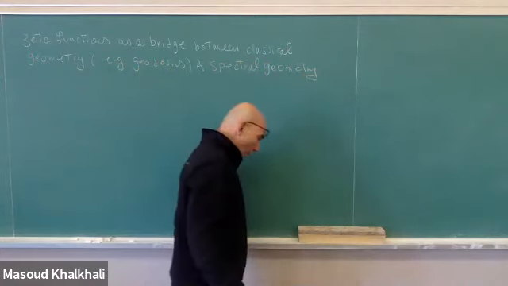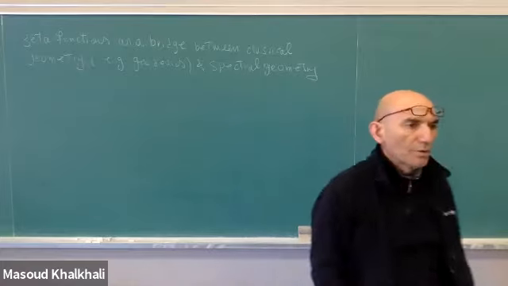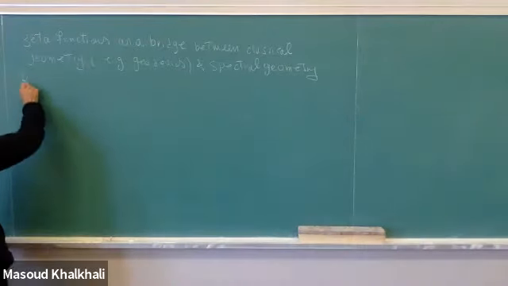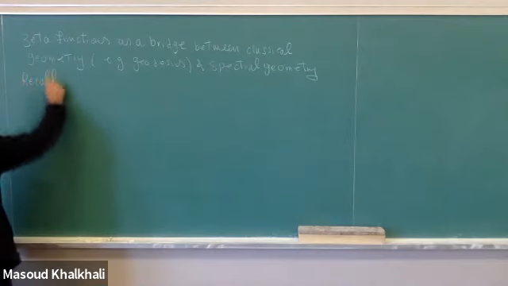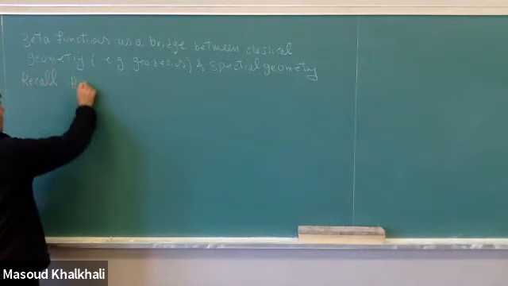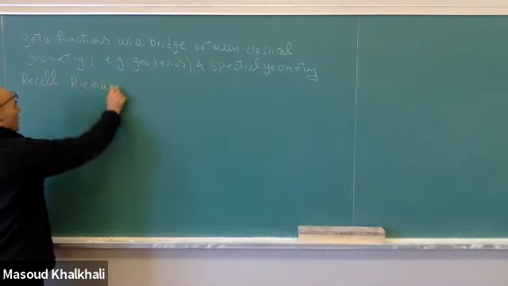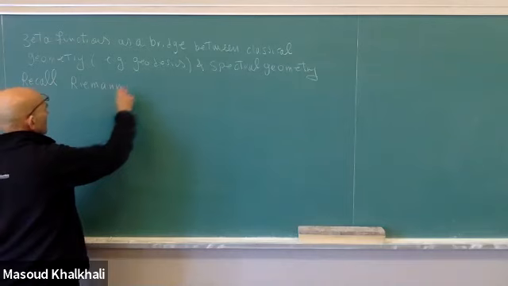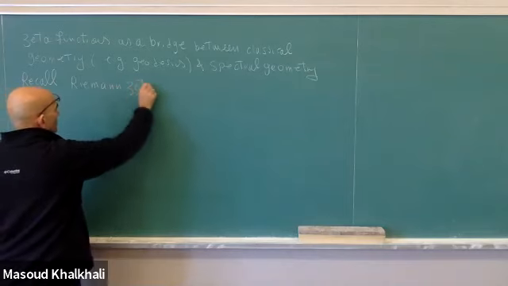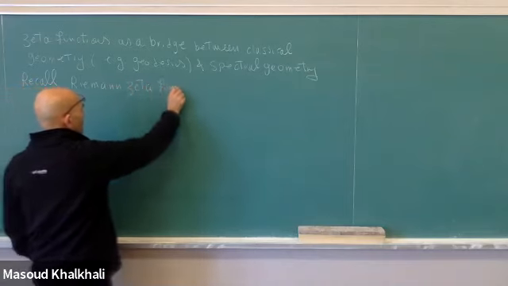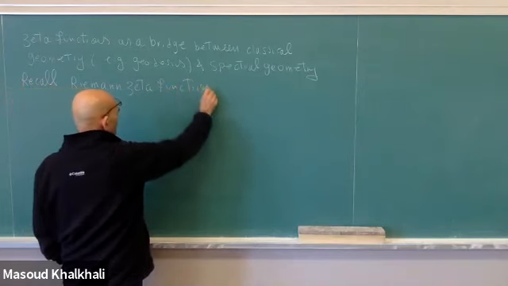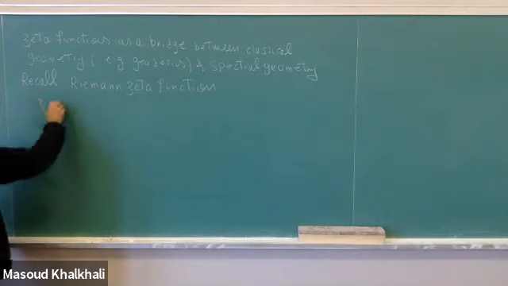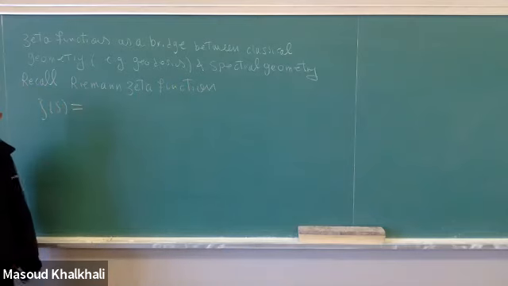Okay, so let us recall the Riemann zeta function. Maybe the most fundamental, most important zeta function is the Riemann zeta function. We defined it several times already by two formulas.